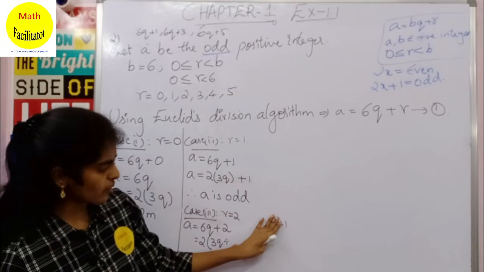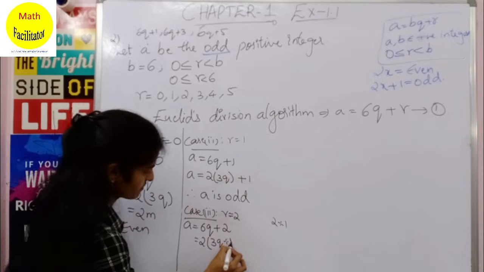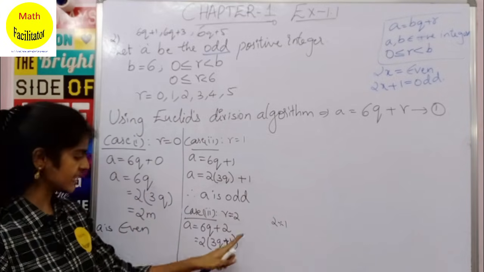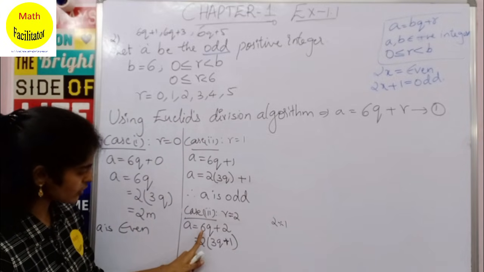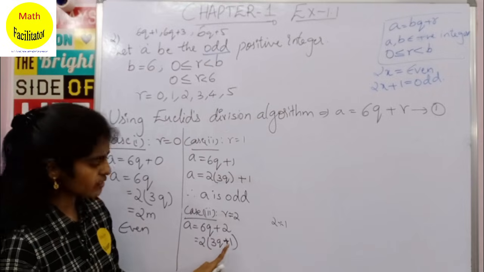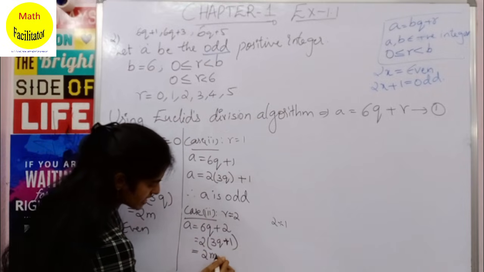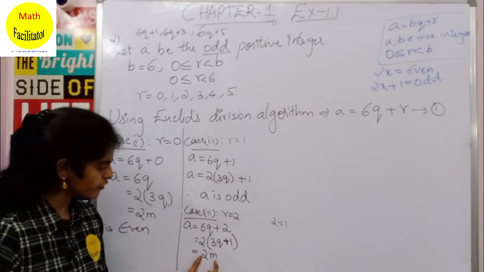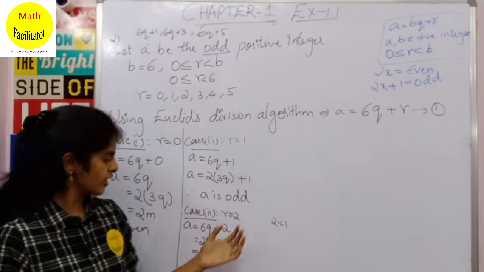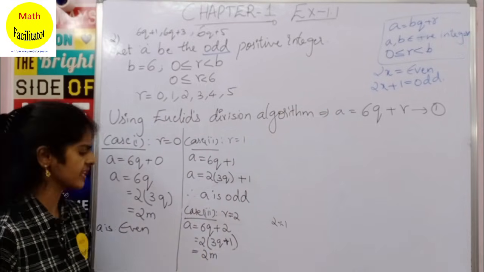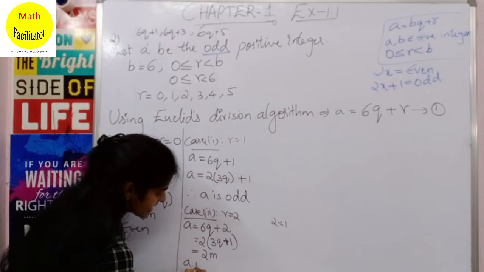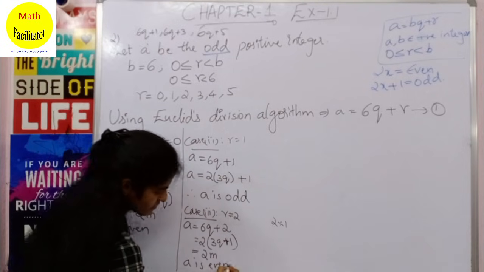So if you take 2 common, you are left with 1. So from this I am taking 2 common, so you are left with 3q plus 1. This 3q plus 1 you can take as some integer m. Now it is again of the form of an even number, 2 into something is even. So what is a? a is even in this case.